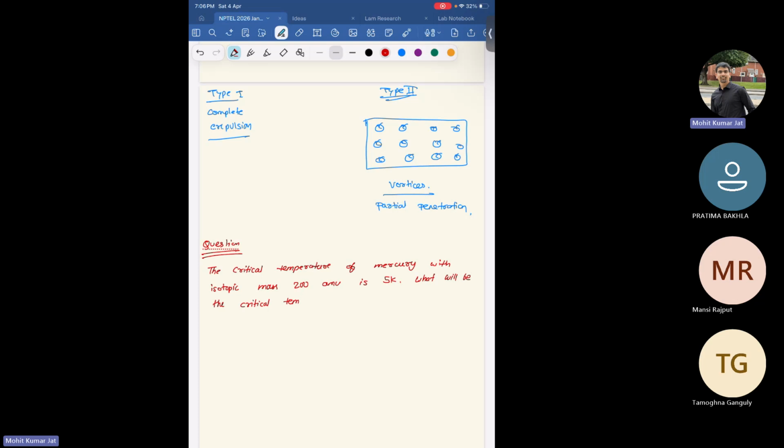What will be the critical temperature if the mass changes to 205 mu?